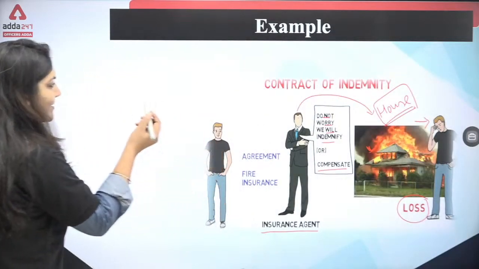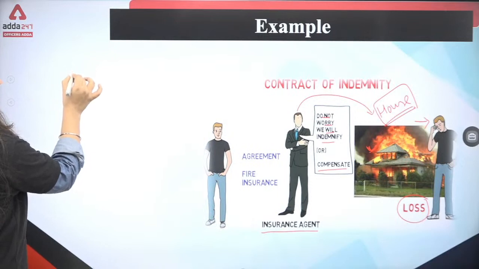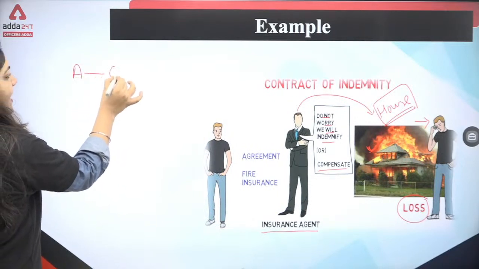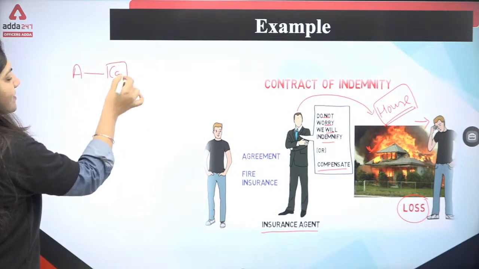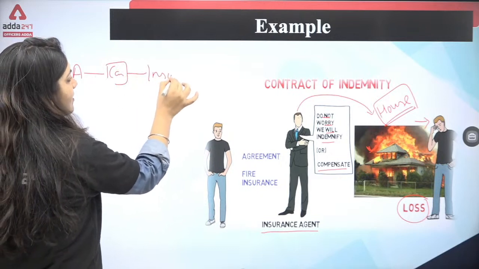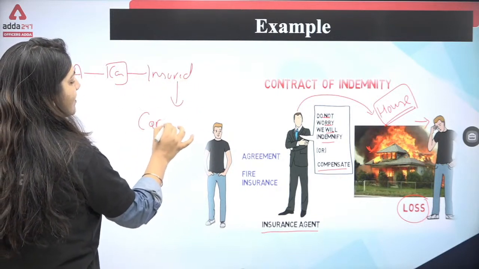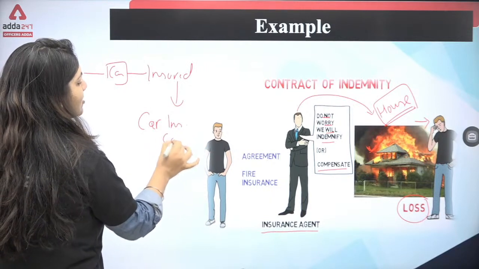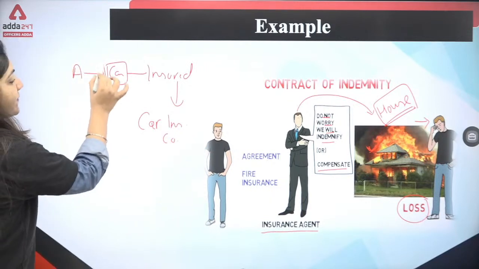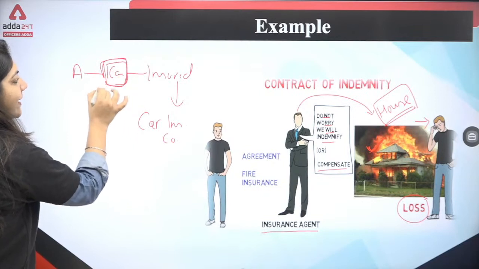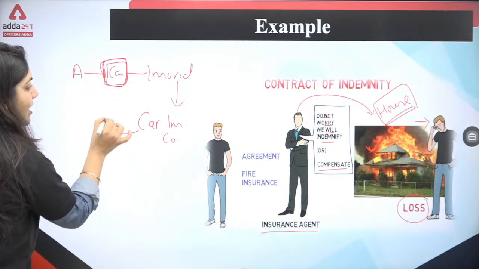Simply understand it with a second example. Suppose A is a person, A has a car. This car is insured in a car insurance company, so that if any damage happens to the car, the insurance company will pay.